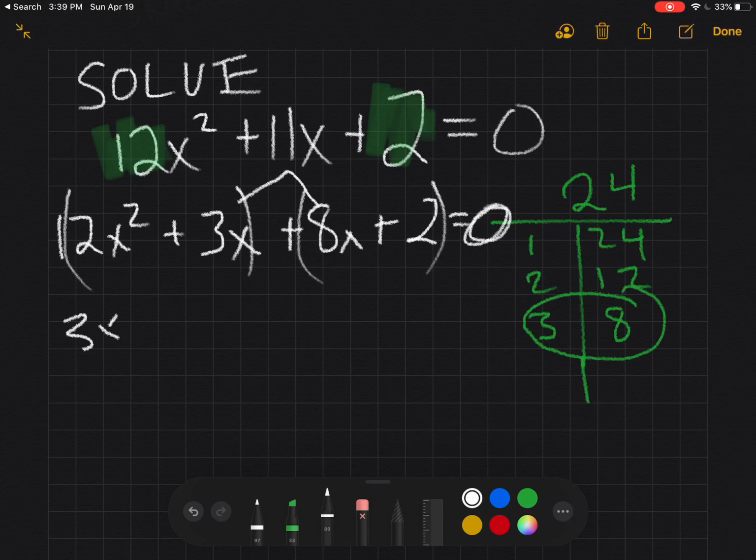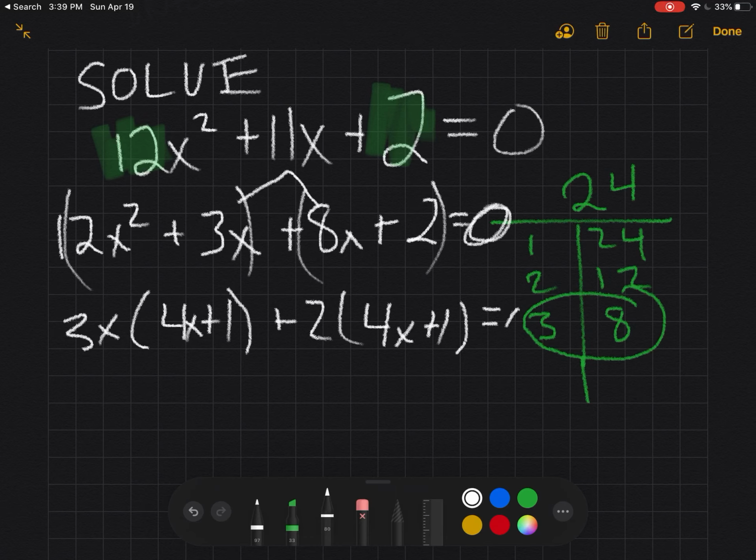12x squared plus 3x plus 8x plus 2. And because 3 and 8 add up to 11, I haven't really changed this. And this is all still equal to 0. I'm going to factor this by grouping these terms together and taking out the GCF.